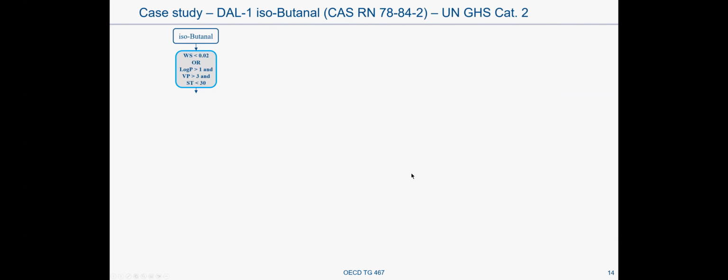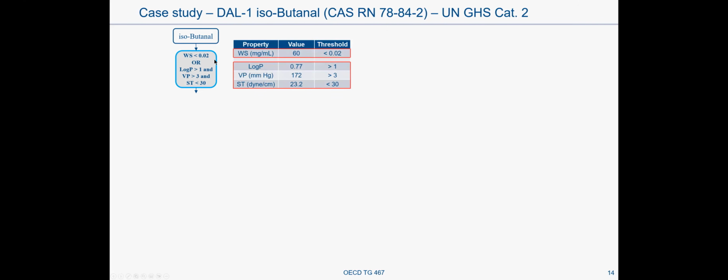Then I will illustrate the use of the DA1 with isobutanol, which is an in vivo cat 2 liquid. So if we look at the chemical properties, and the values of the properties are in the column in the middle, and they are based on the QSAR models, you can see that none of the exclusion rules were met. So it means that we have to continue.